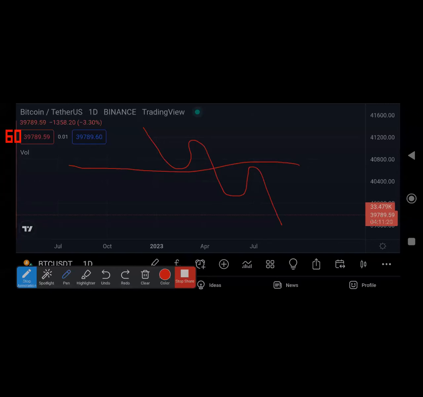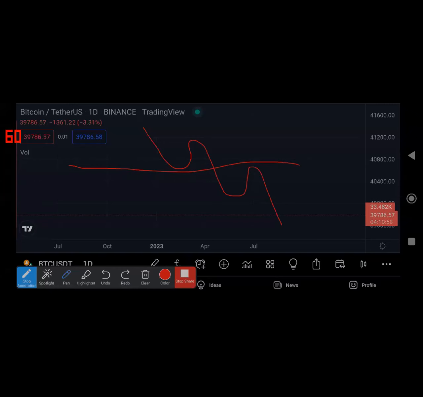Do you understand? Whenever the market is coming down and gets to a particular price level, it tends to bounce off. Most times, it can break that level and create a new support or a new resistance. But now I'm talking about support.